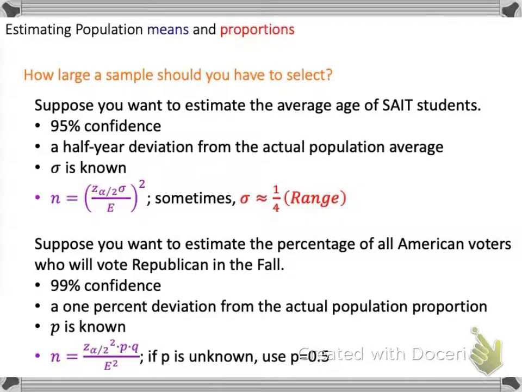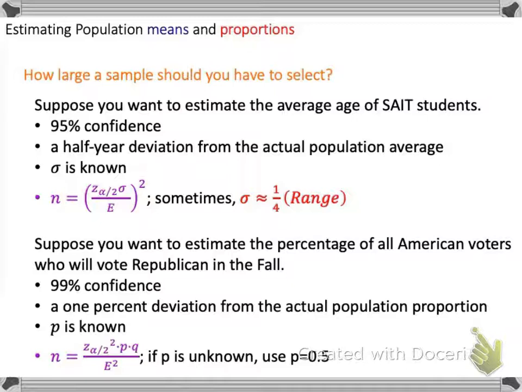First of all, to figure out how large a sample you would collect, there are two scenarios like I mentioned a few seconds ago. One scenario is when you are trying to estimate how large your sample should be to estimate the population mean.